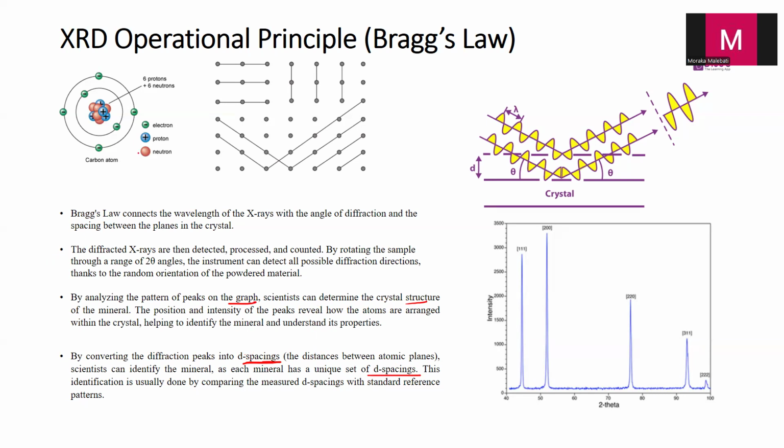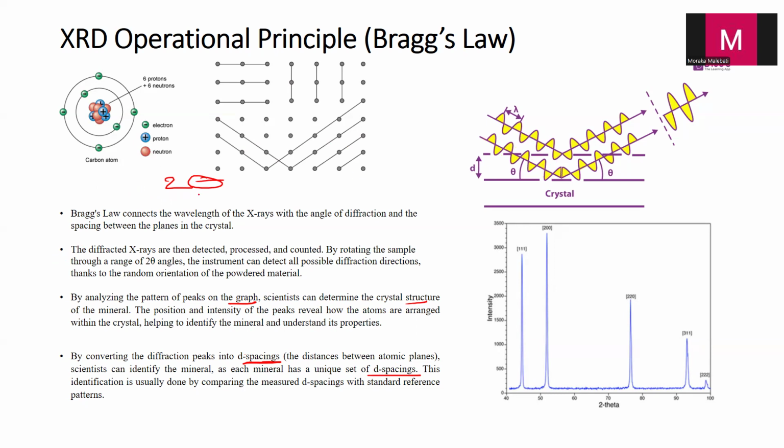So I want to emphasize the angle 2 theta. In XRD, 2 theta represents the angle between the incident X-ray and the scattered beam that is detected.